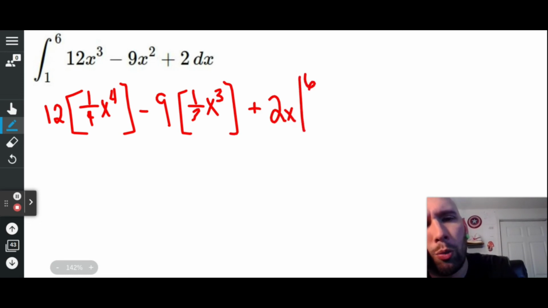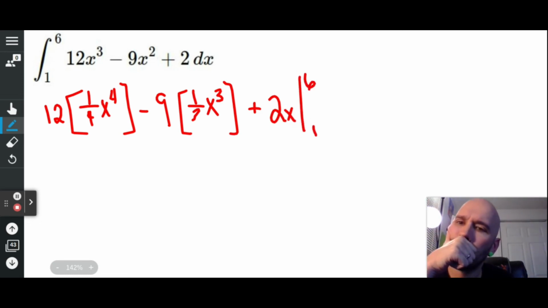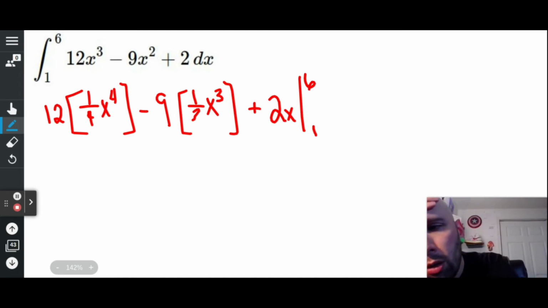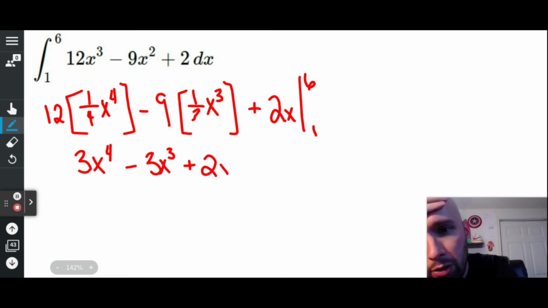Limits are 6 and 1. So 3x to the 4th minus 3x cubed plus 2x, limits of 6 and 1.